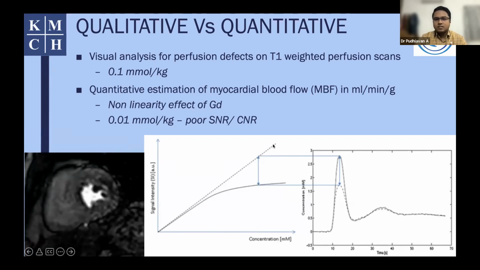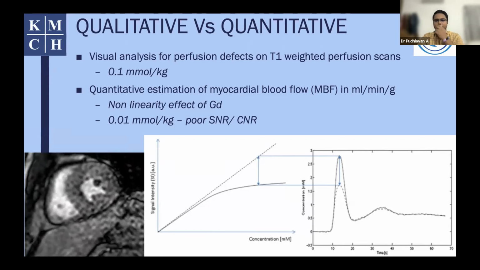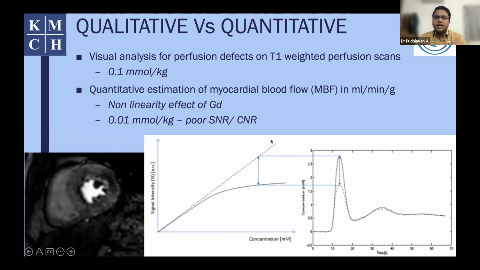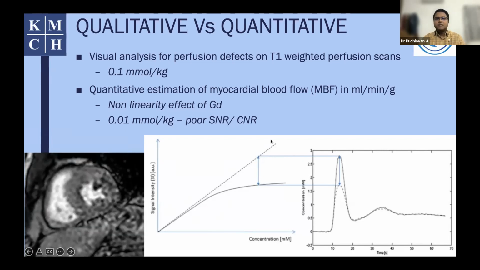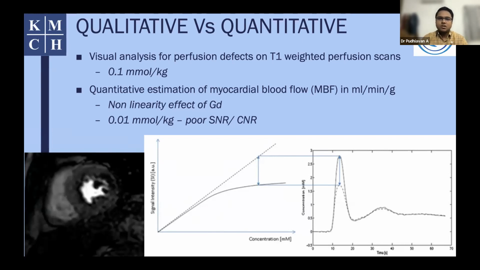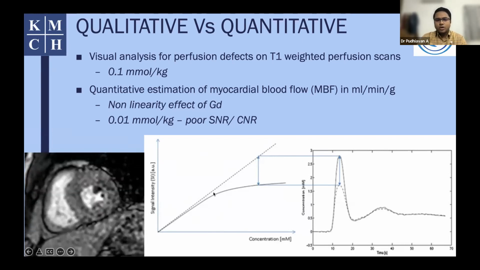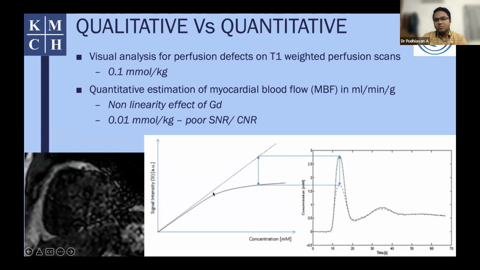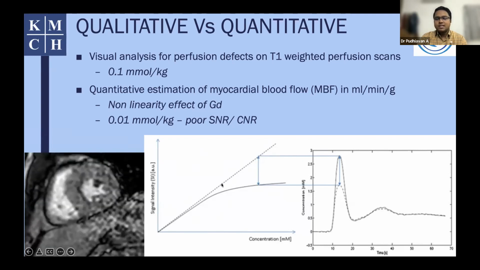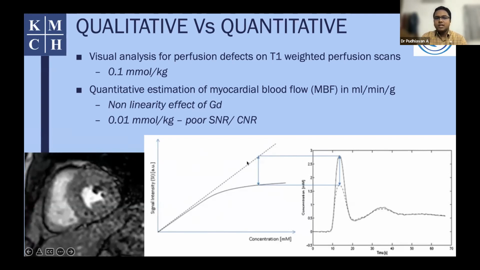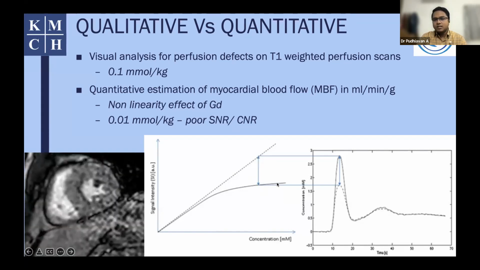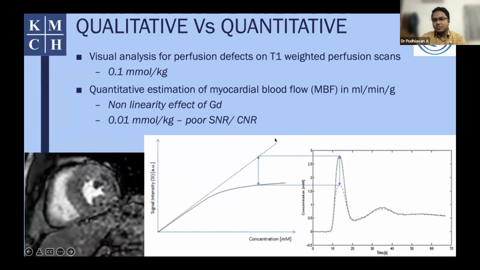However, there is something called a non-linearity effect, where beyond a certain point in the concentration of gadolinium, further increase in concentration will not cause an increase in signal intensity. So a higher concentration of gadolinium beyond a certain point will not cause an increase in signal intensity.